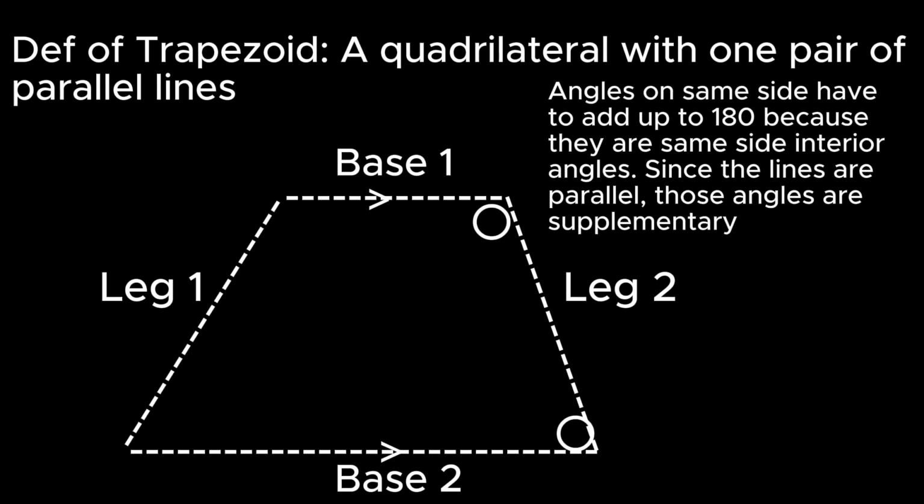I highlighted an example of the angles on the right side that would add up to 180. The reason they have to add up to 180 is because, since the bases are parallel, the angles on the same side are same side interior angles. And same side interior angles always add up to 180. They are supplementary.